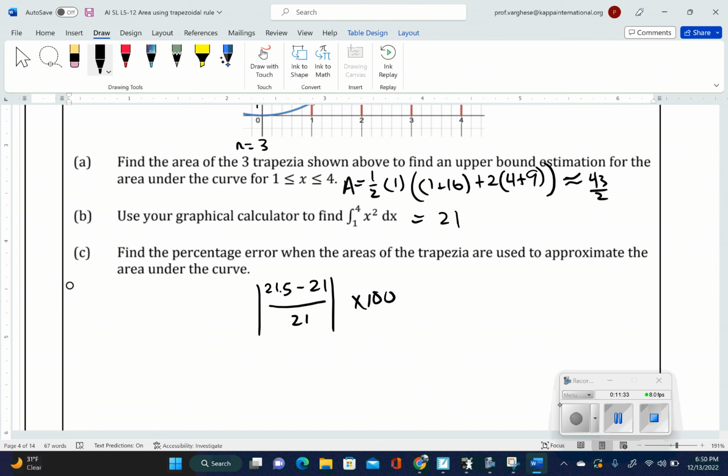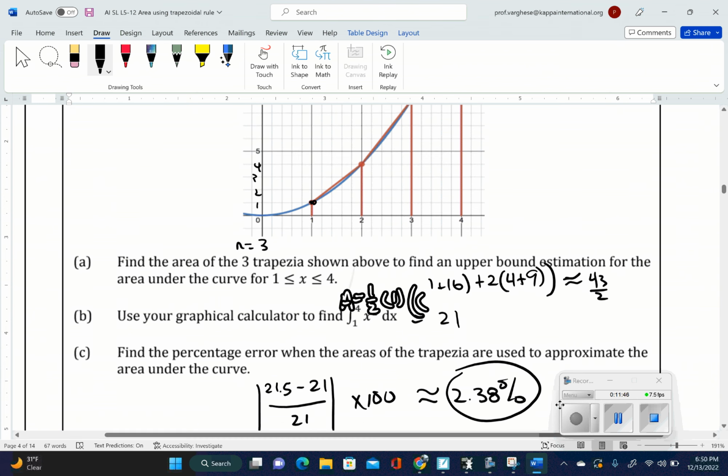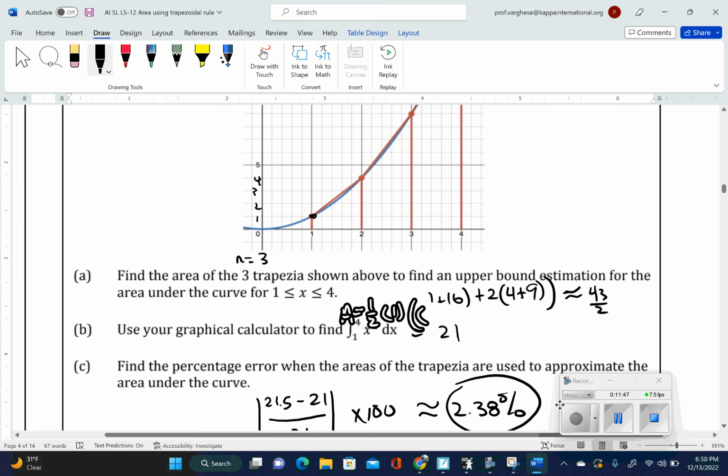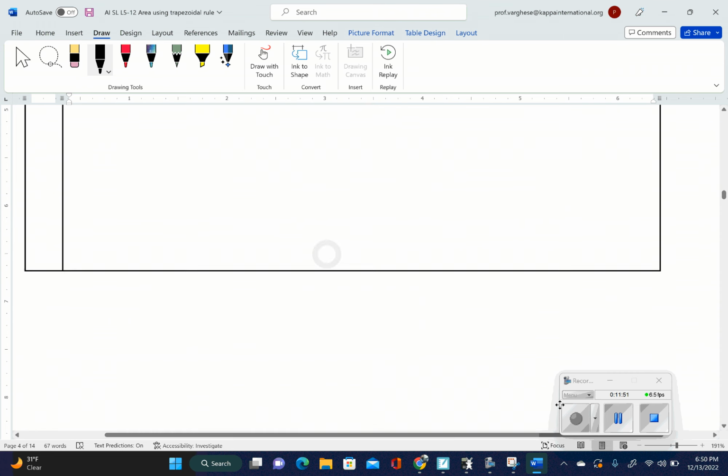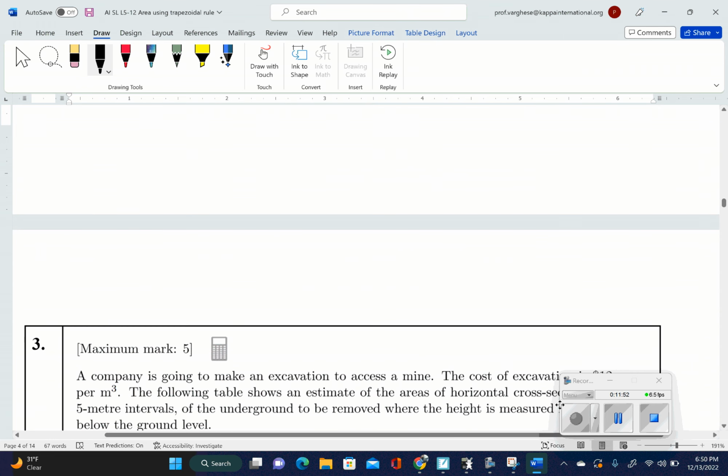Take this whole thing, plug it into the calculator, and I got that this is about 2.38%. All right, so that is my percentage error. So if I use an approximate value, that is the 21.5 minus the exact value, which is 21. I think you're starting to get the hint of this.